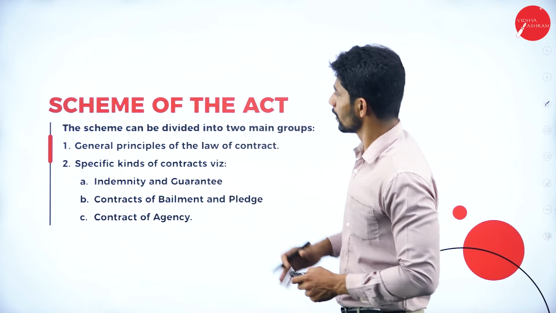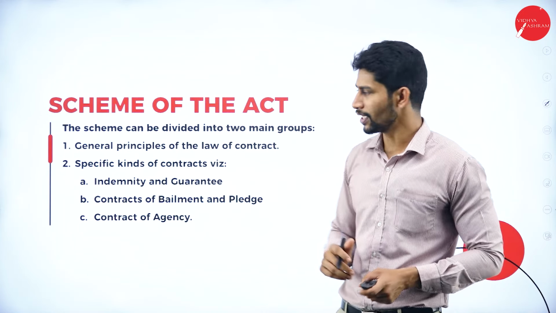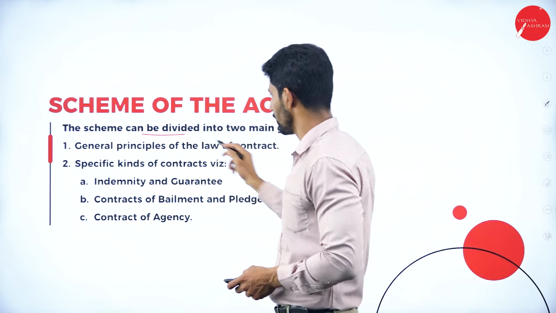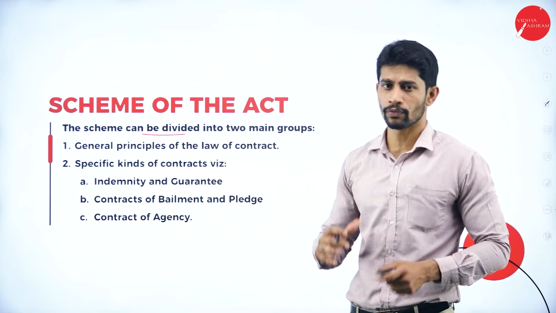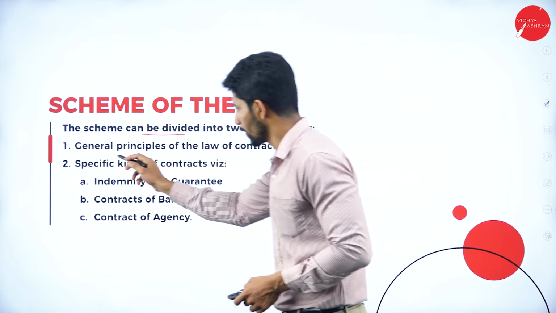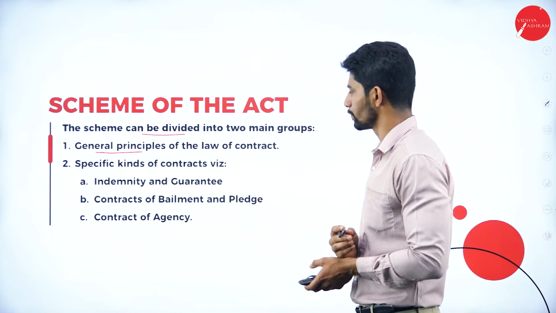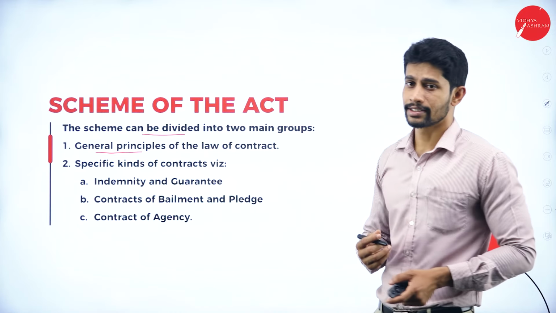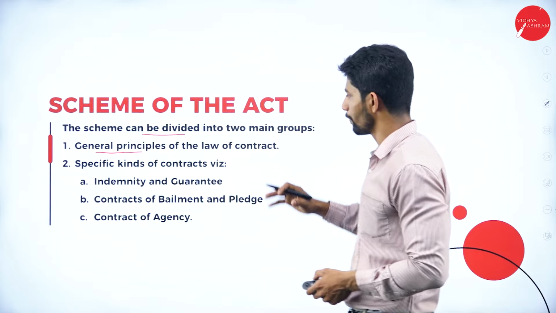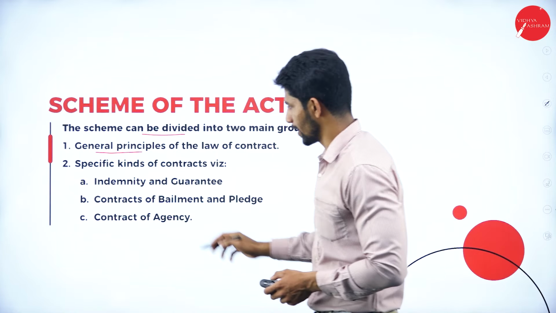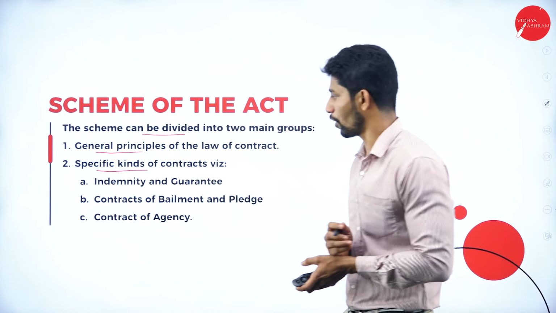If you look into the scheme of the Act, it can be divided into two main groups. Which are those two main groups? The first group is the general principles of the law of contract, and the second group is specific kinds of contracts.